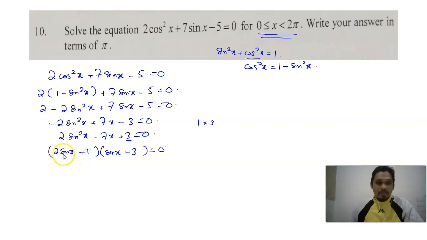Let's double check. 2 sine x times sine x, 2 sine square x. 2 sine x times negative 3 equal to negative 6. Negative 1 times sine x equal to negative sine x. So negative 6 minus 1 equal to negative 7 sine x. I think I made a mistake here, 7 sine x, not 7x. Okay, sorry.